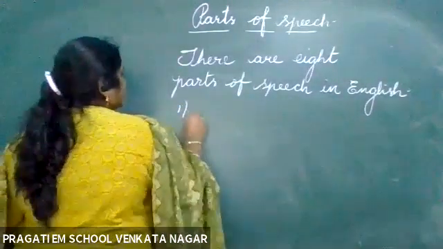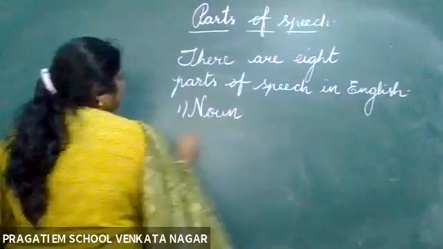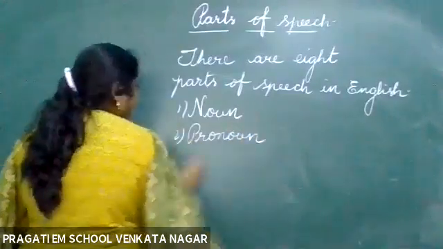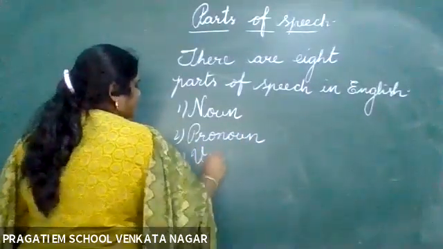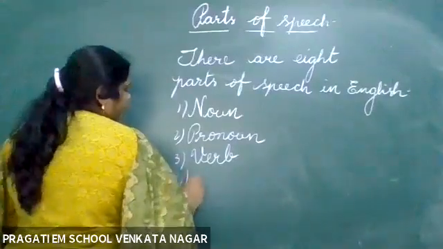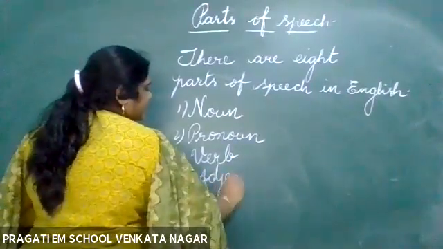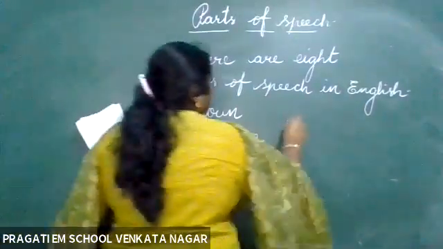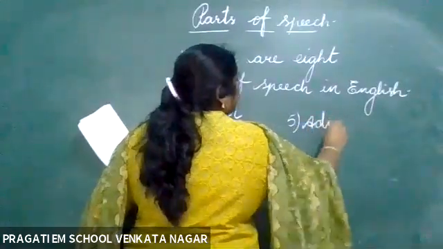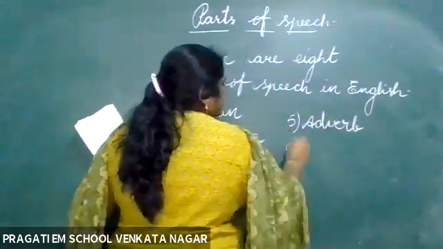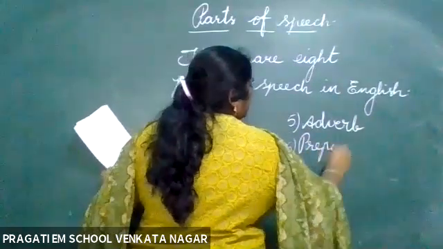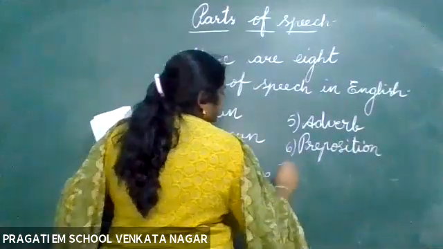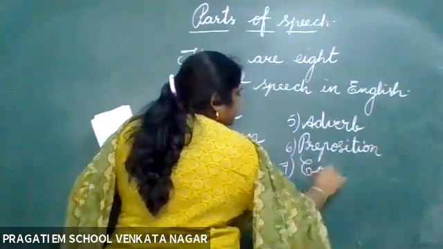First one, noun. Second one, pronoun. Third one, verb. Fourth one, adjective. Fifth one, adverb. Sixth one, preposition. Seventh one, conjunction.